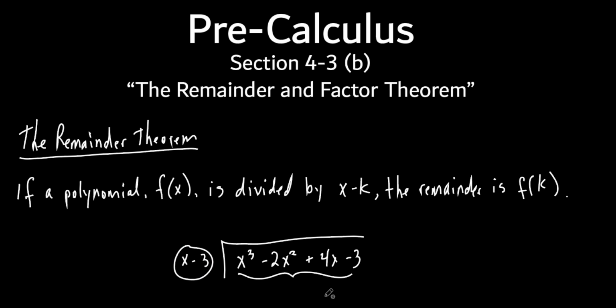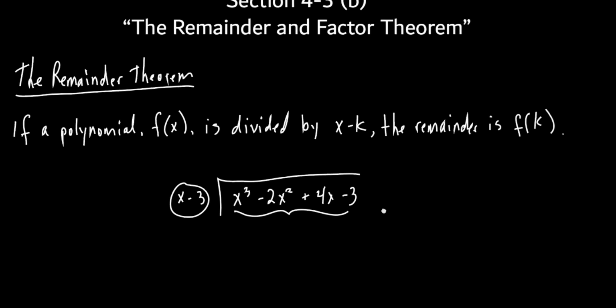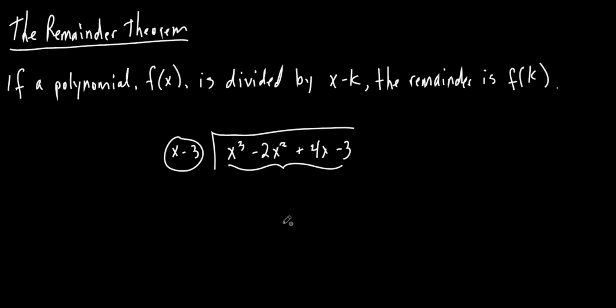Then the remainder: if I do all this work and I get some remainder, I don't know what the remainder is, but I get some remainder. I can't call it k. But if I get a remainder, it says the remainder is f of k. What does that mean?